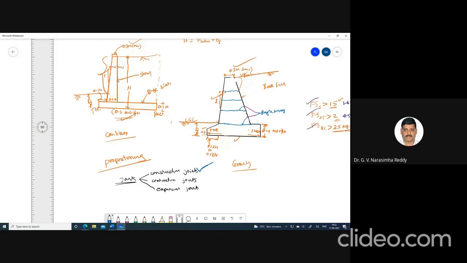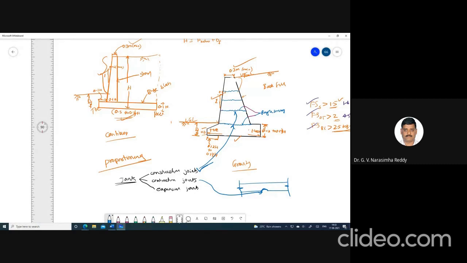Let's say if you see from the top, if this is the plan, this is, in other words, a contraction joint.